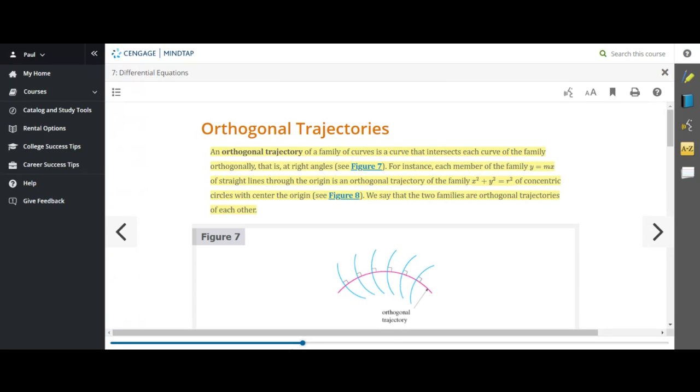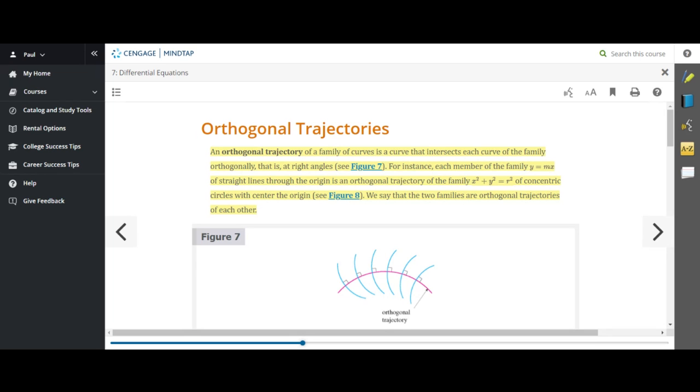This is going to be very important in multivariable calculus, which incidentally I teach in the fall. So you see the picture there in figure 7. You have a red curve, and it's intersecting this family of curves at right angles. The red curve is an orthogonal trajectory to that family of curves.